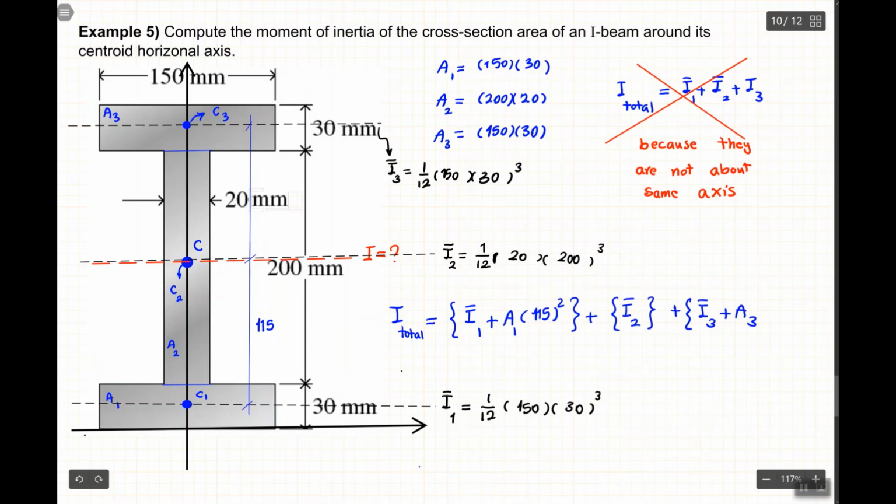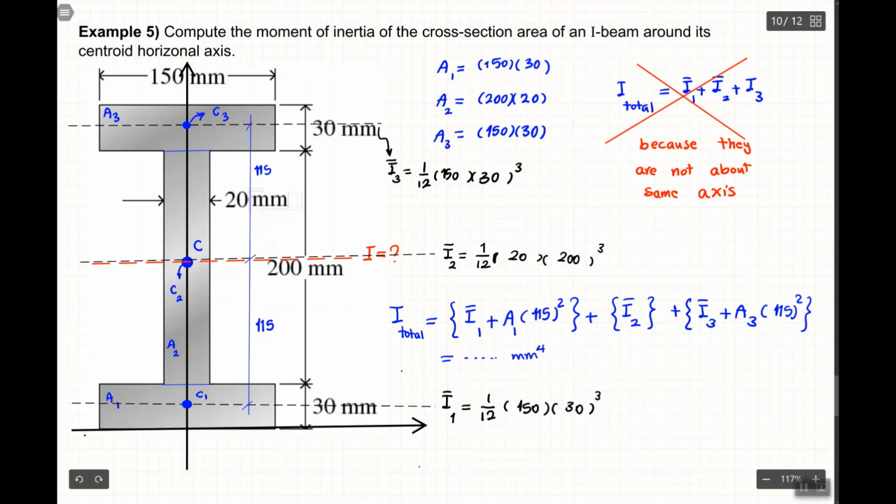So in other words, this distance is 115. So 115 square. So we put together all these numbers and we ended up with the total moment of inertia.